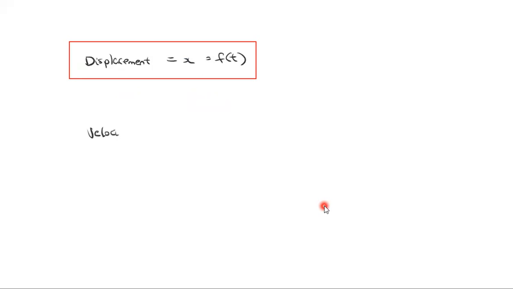Now, if you want to work out the velocity, which we'll call v, it is the first derivative of x with respect to t. So other ways to write it would be dx/dt. And sometimes you'll see it written as x dot. So the dot here simply represents deriving with respect to t.